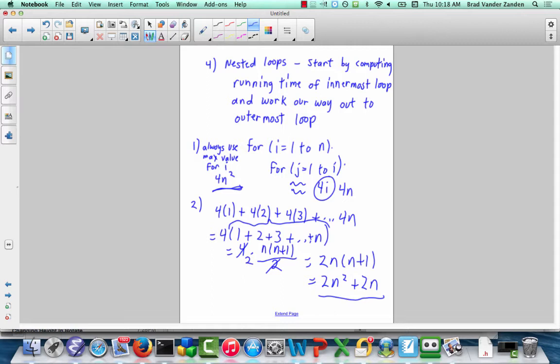Now, do we really care in the long run? No, because remember, Big O notation is going to get rid of the constants. So it doesn't matter whether we choose case 1 or case 2, because Big O notation doesn't care about the constants. We don't care about this, and we don't care about this. Voila, either analysis gives us n squared.